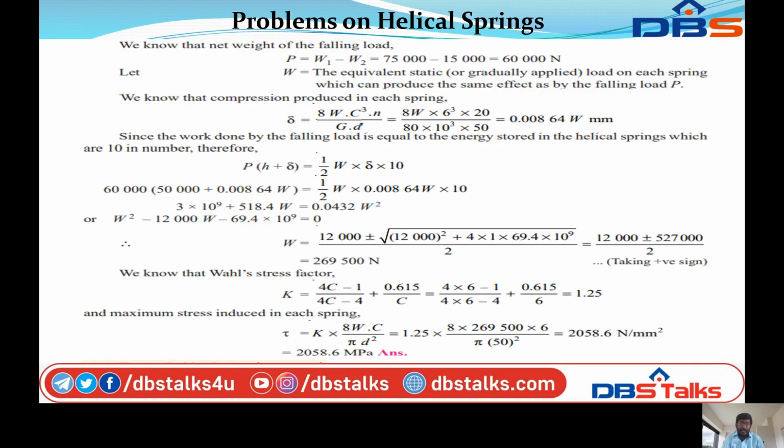We know that the net weight of the falling load, P, is equal to W1 minus W2, that is equal to 75,000 minus 15,000, that is equal to 60,000 Newton. Let W be the equivalent static or gradually applied load on each spring, which can produce the same effect as the falling load P. We know that the compression produced in each spring, delta, is equal to 8 into W into C cube into N by G into d.